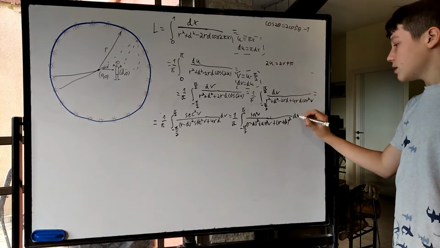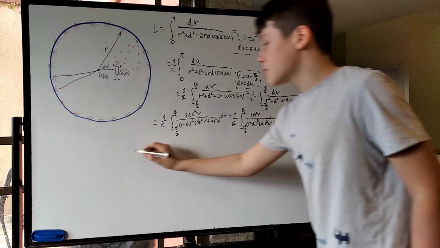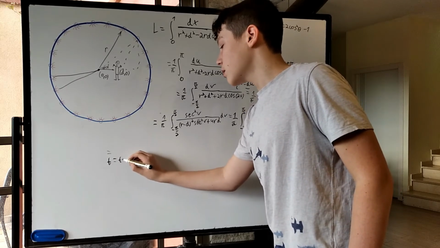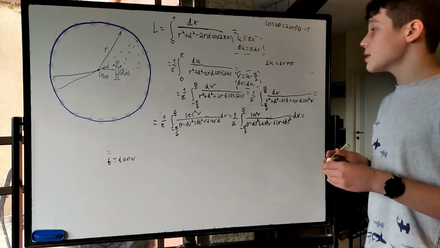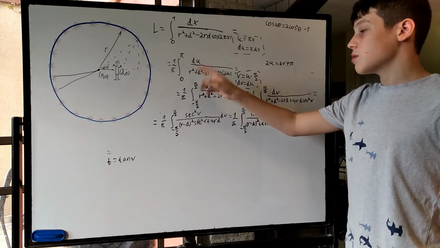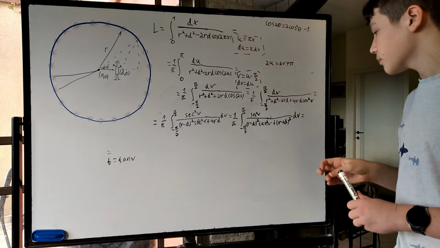And dv, now I'll make the substitution of t equaling tangent v. And now notice, this is why I changed the bounds from 0 to pi to negative pi over 2 to pi over 2.